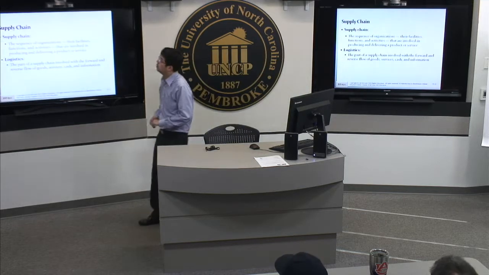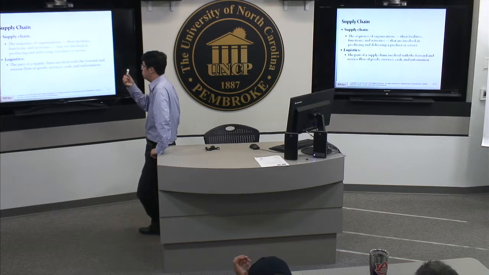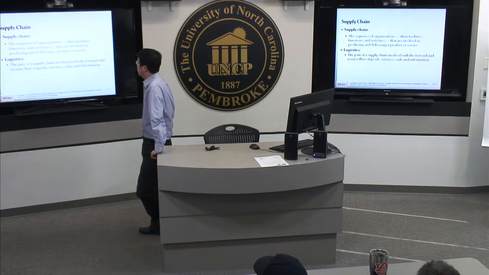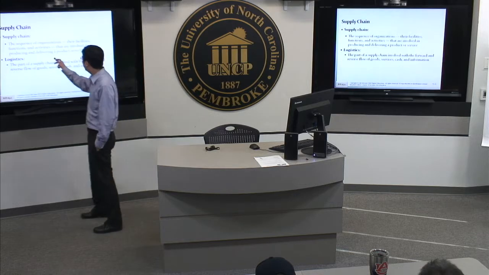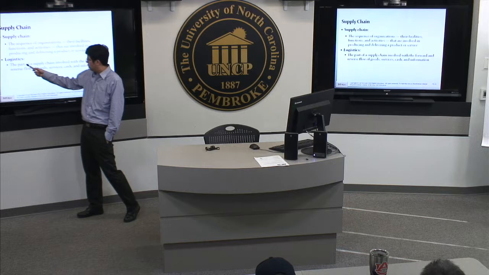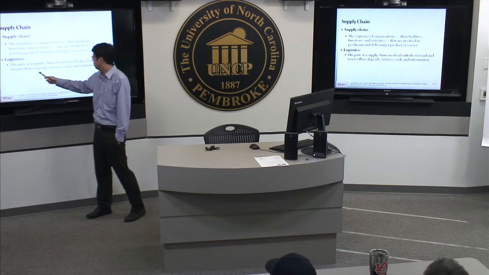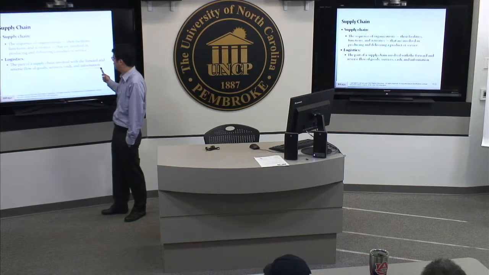Supply chain, by definition, is a sequence of organizations, facilities, functions, and activities involved in producing and delivering a product or service. Logistics is the part of the supply chain involved with the forward and reverse flow of goods, services, cash, and information.